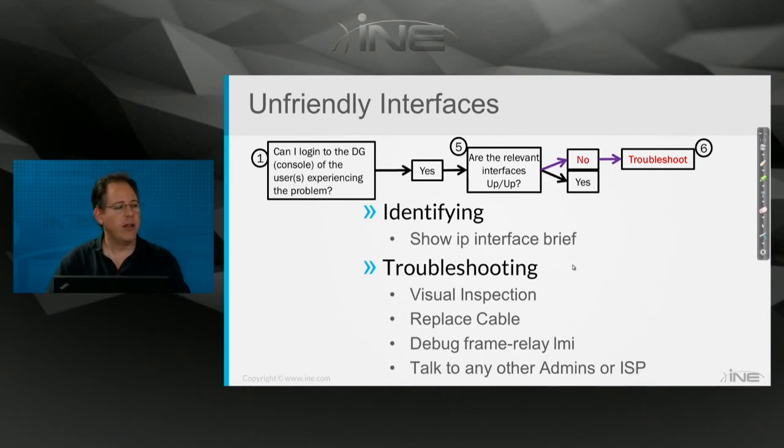I guess one other thing here that we could look for is that sometimes there are security features that you can turn on, and if a security violation happens, that triggers the security feature to bring the interface down. It won't bring it administratively down, but it might cause the interface to go down.